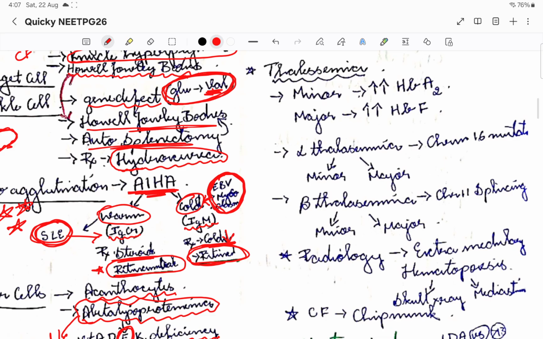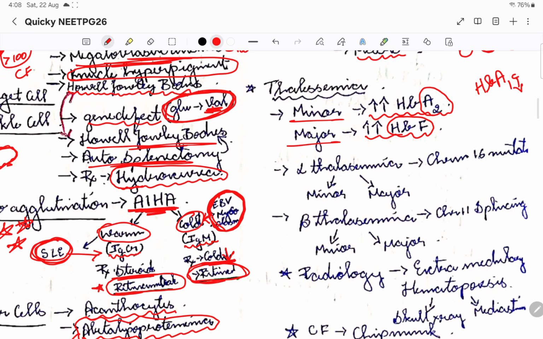Thalassemia, I told you, right, has two types, minor and major. Minor is when HbA2, the adult type of hemoglobin, is raised, whereas if the fetal type is increased, then it is major. HbA1c, you know that, right, is where we measure the concentration of glucose in the cell, and based on the HbA1c value we diagnose type 2 diabetes mellitus.